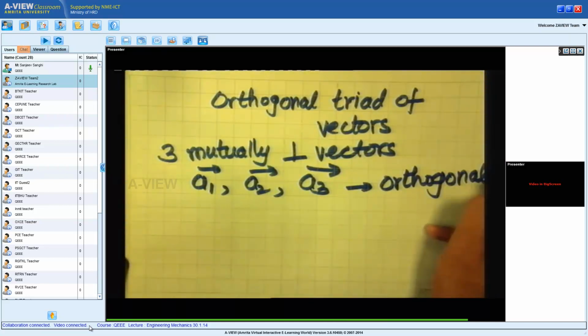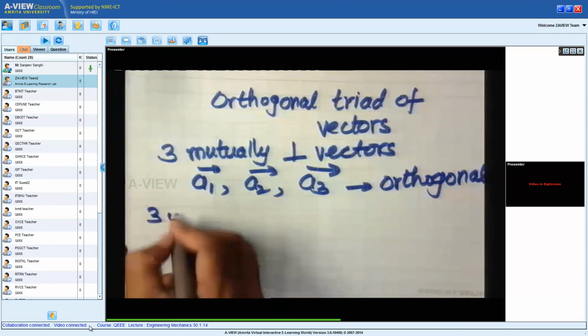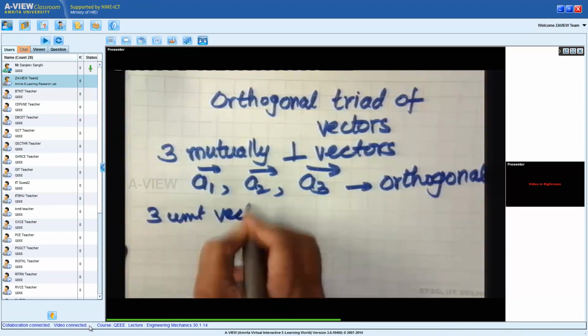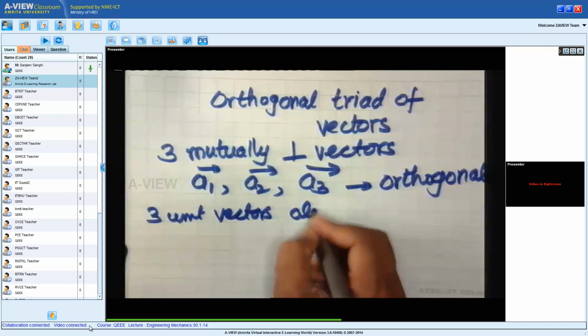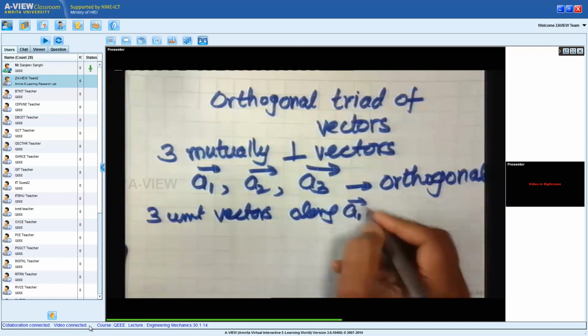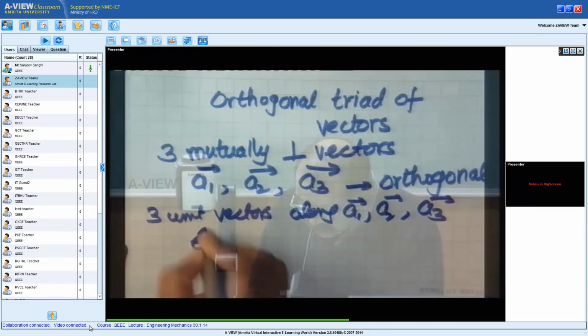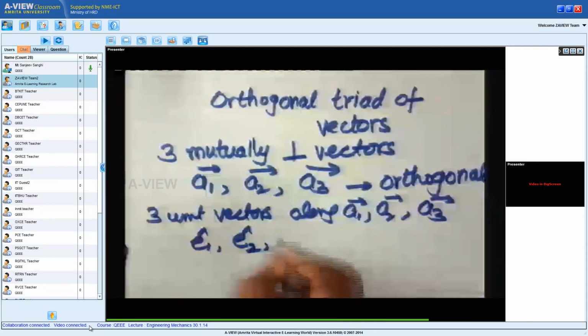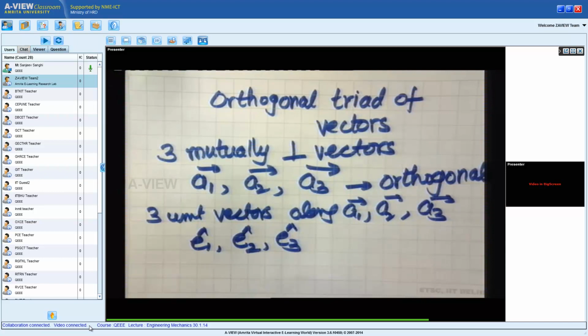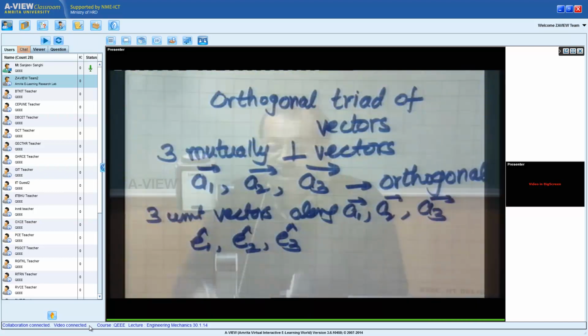We call them orthogonal. Now if I take 3 unit vectors along A1, A2, A3, let me call these unit vectors E1, E2 and E3, where E1 is along A1, E2 is along A2 and E3 is along A3.